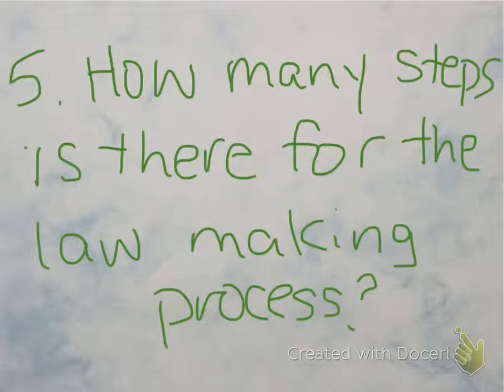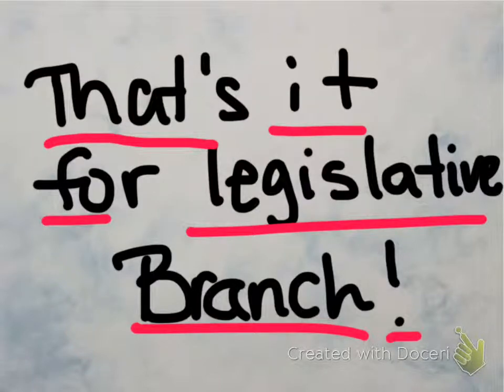How many steps are there for the lawmaking process? Think of all the steps and how many there are. There are only 5 steps. And that's it for our legislative branch.